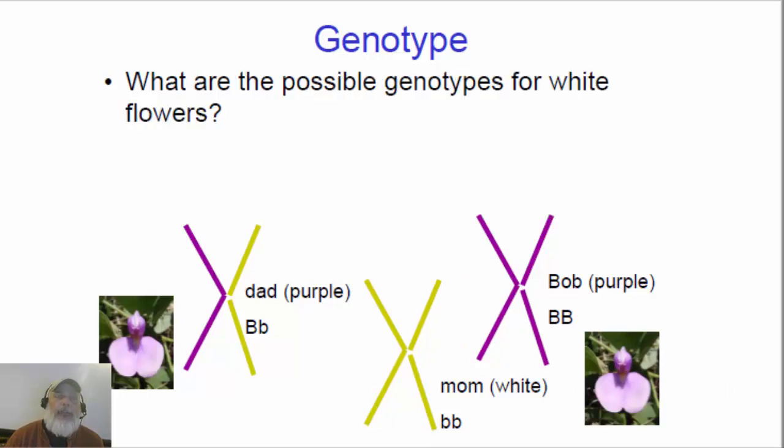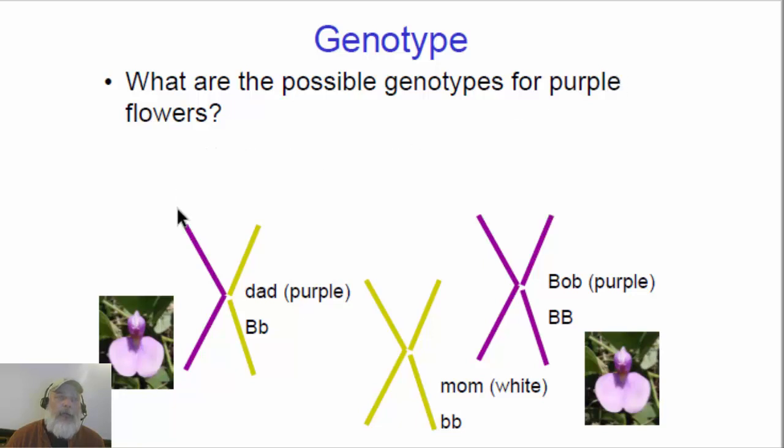What are the possible genotypes for white flowers? The only thing you could possibly have is little b, little b, because white flower is recessive. If we have any other color besides white, that white recessive trait is going to get covered over, and the flower itself will not be white. So the only way we can have a white flower with this pea species is if it's little b, little b.